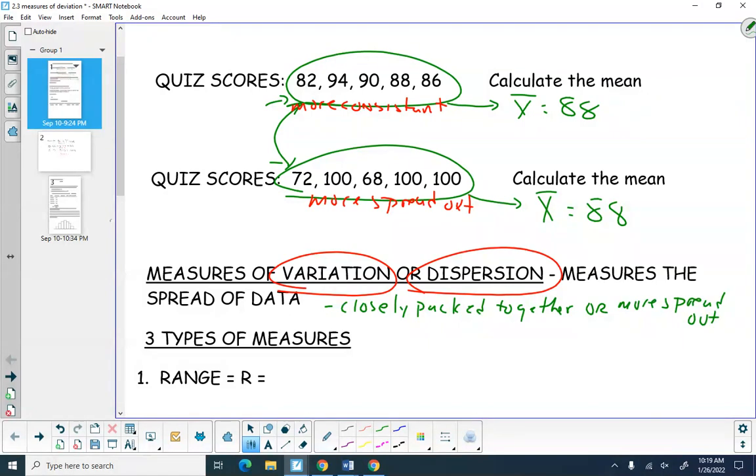Are they closely packed together, or are they spread out? They're all over the place. Or are they consistent with what they do? And that is a very big statistical measure in regards to sets of data.